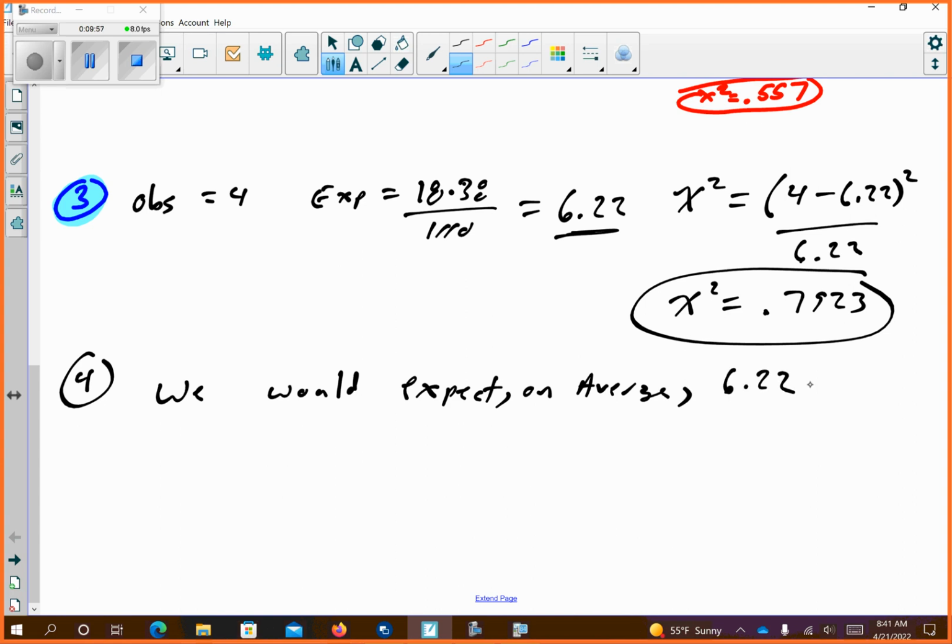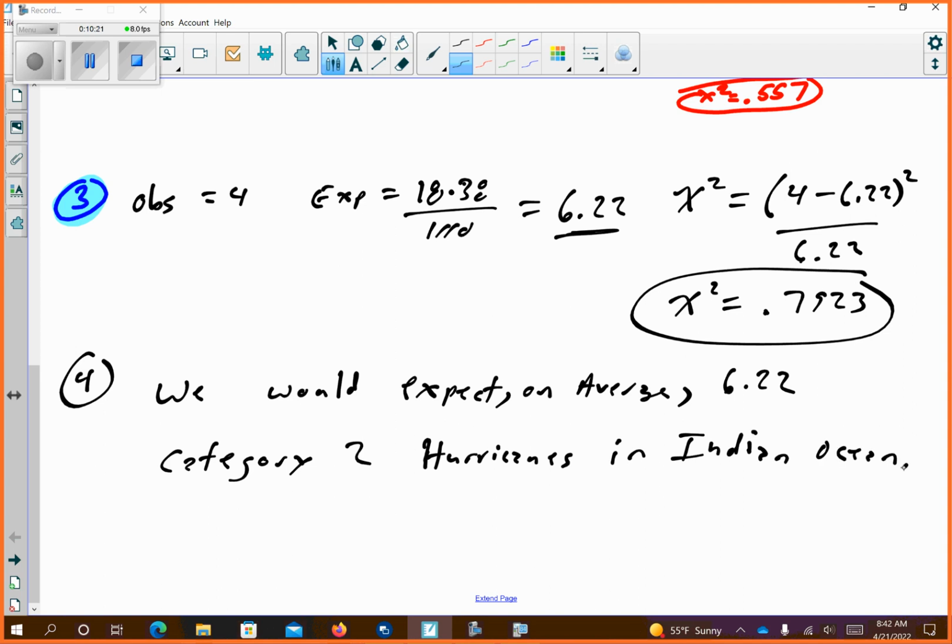What was that? That was Category 2 hurricanes in the Indian Ocean. Cool.